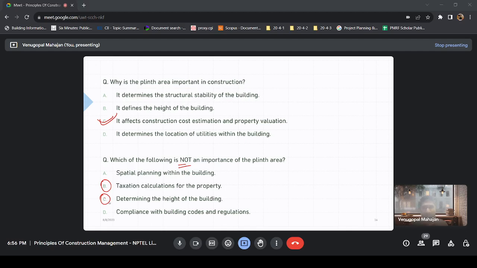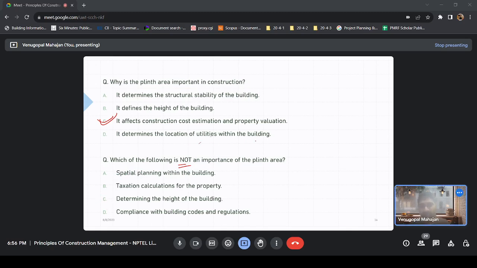D is also not important. I think it is spatial planning within the building, because plinth area is fixed. Or determining height, maybe confusing. Okay, so let's discuss.